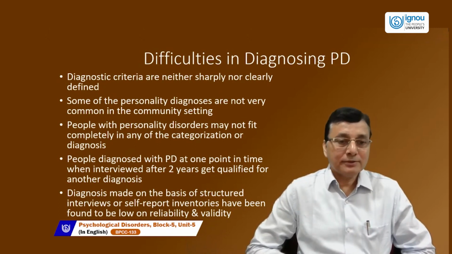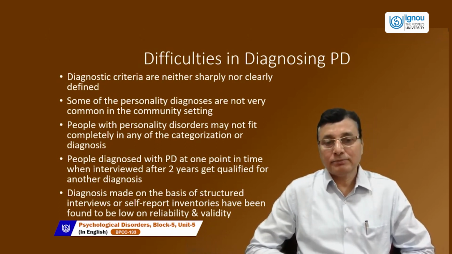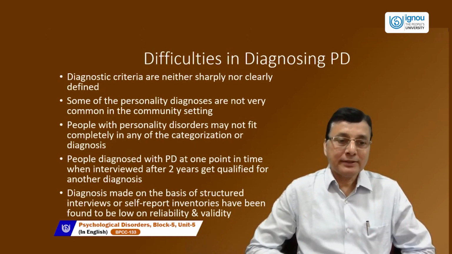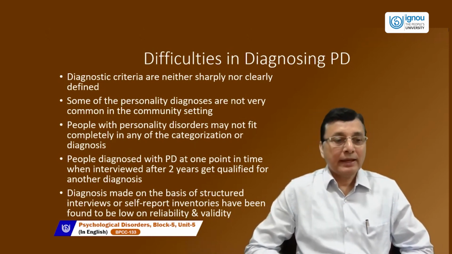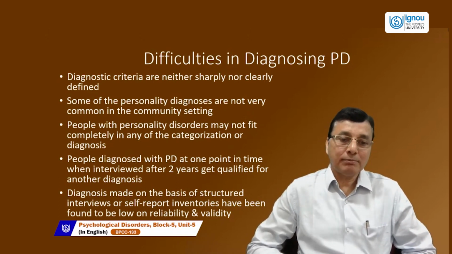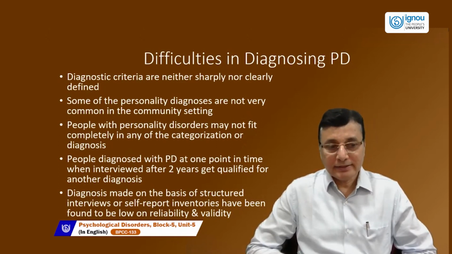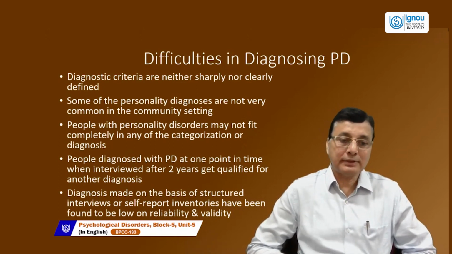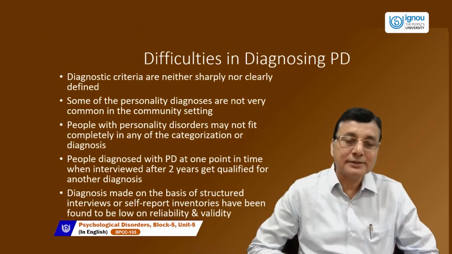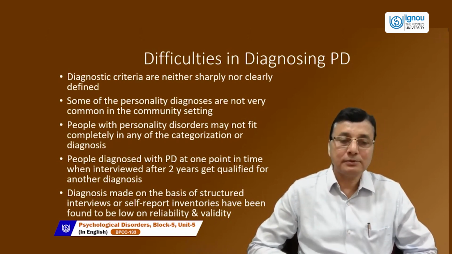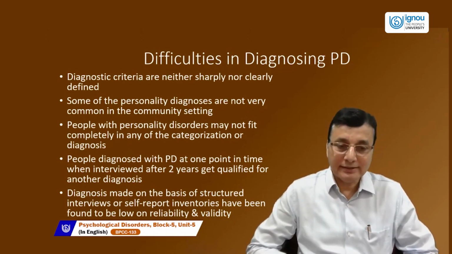And people diagnosed with personality disorder at one point in time, when interviewed after 2 years, get qualified for another diagnosis. And the diagnosis made on the basis of a structured interview or self-reporting inventories has been found to be low on reliability and validity. So it's not an easy job to diagnose anyone with a personality disorder.